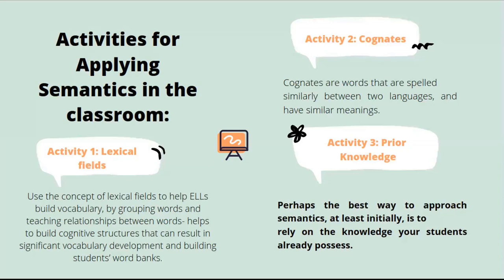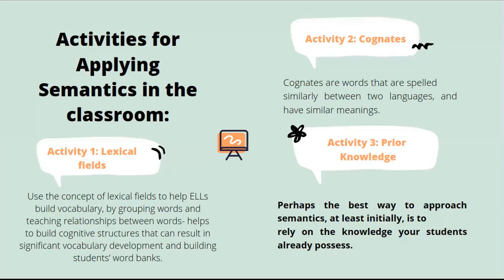Cognates are words that are spelled similarly between two languages and have similar meanings. It can be a useful tool, especially when teaching academic vocabulary for cognates that exist in their native language. However, be wary of false cognates, words that are similar but have significantly different meanings.